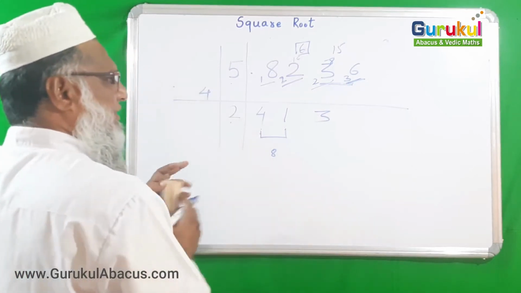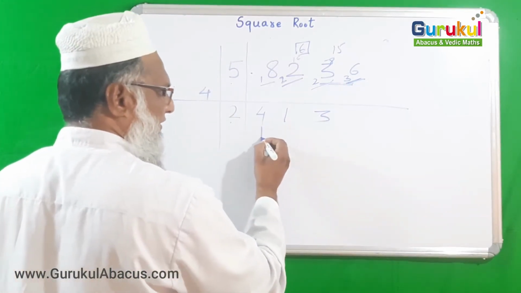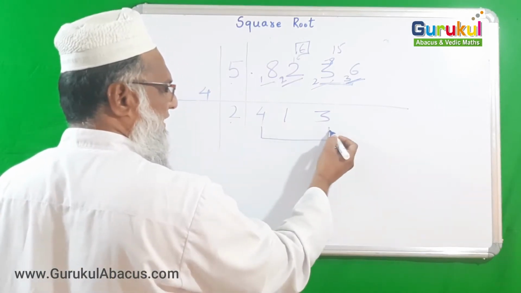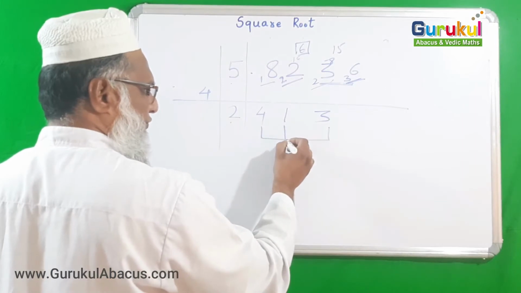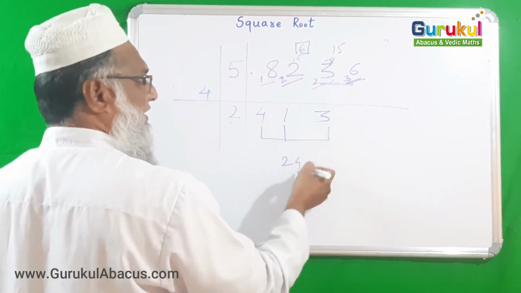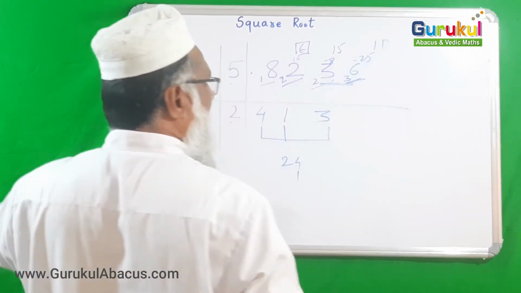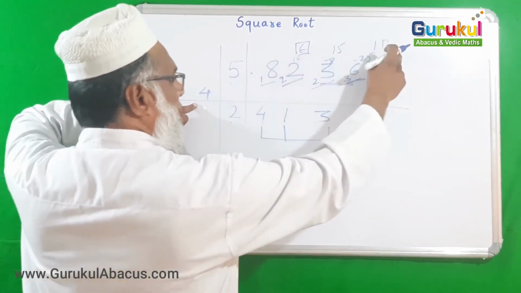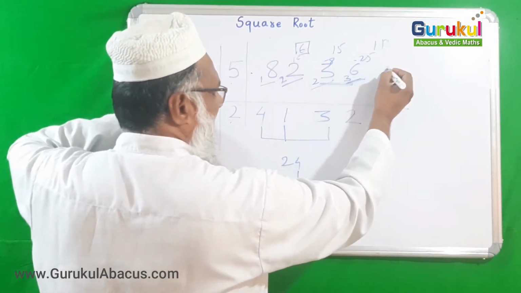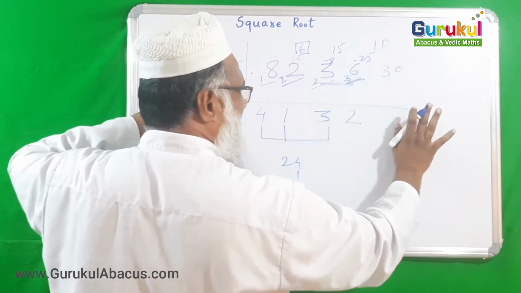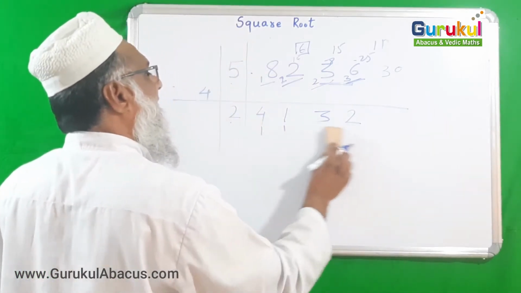Now here I have 36, and from 36 I should subtract the dvandva of those 3 numbers. 4 and 3, 4 3s are 12, doubled is 24, and the square of 1 is 1 itself. So 25 I should subtract from it. So the answer I am getting is 11, and with 11, I am taking 4 2s. The remaining 3, I am keeping here, but I am stopping here. Further also you can continue, but I am stopping.